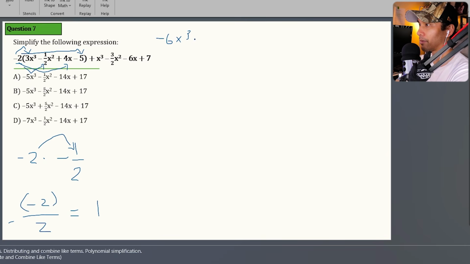So we have a +1 x squared, or I could just write it like this, x squared. And then -2 times +4, which is -8x. And -2 times -5, and a negative times a negative equals a positive, and we have +10.